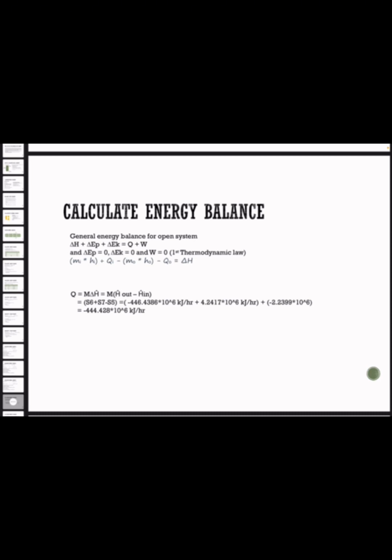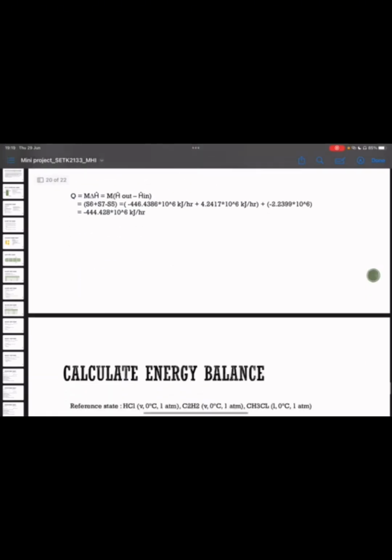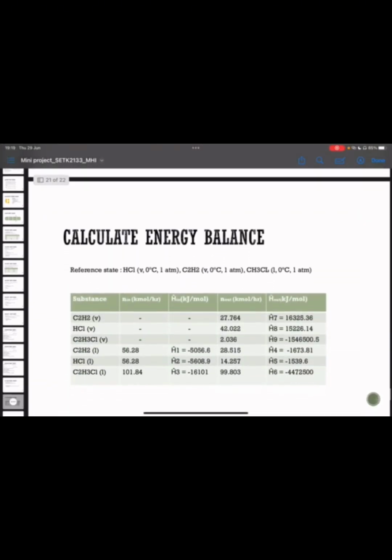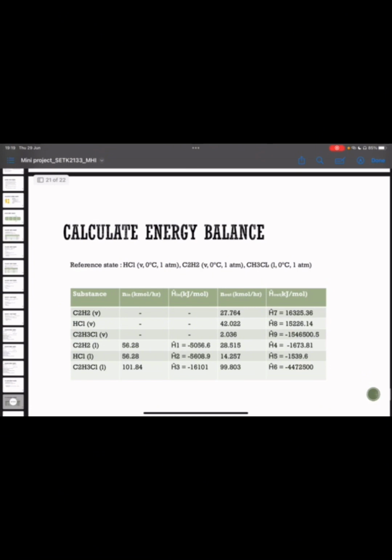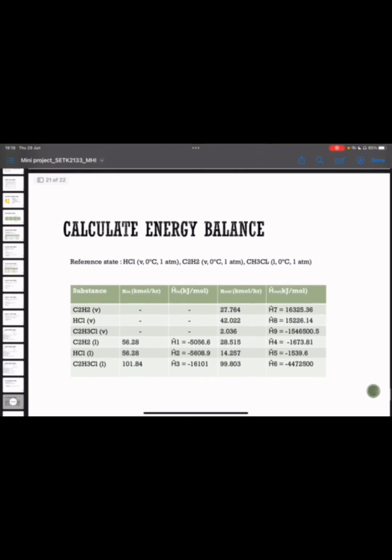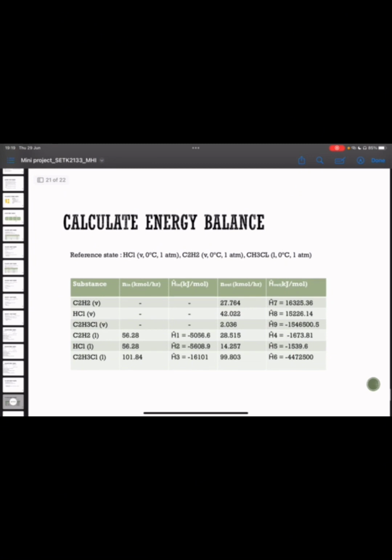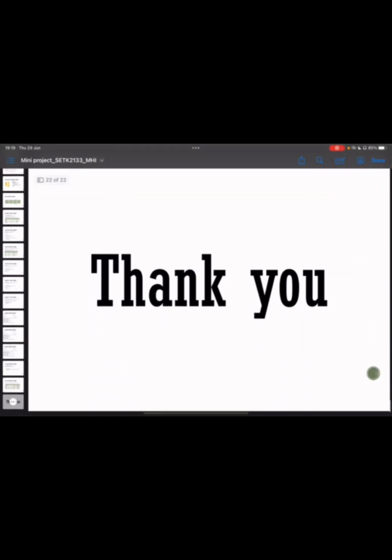I think that's all. Thank you very much. Sorry, this one is the complete enthalpy table. Thank you very much.